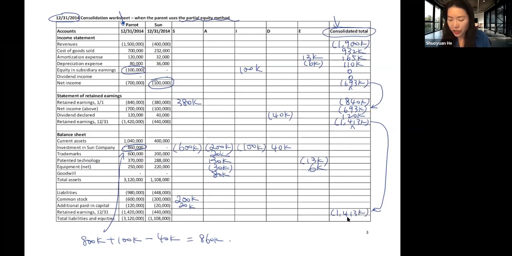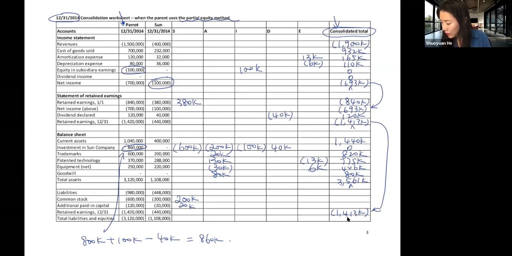On your balance sheet, if you add up everything, that will give you total assets of 3,561,000.